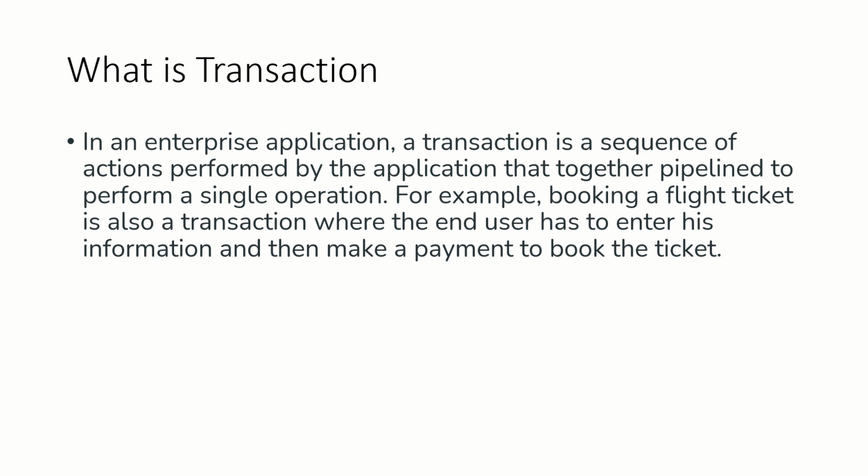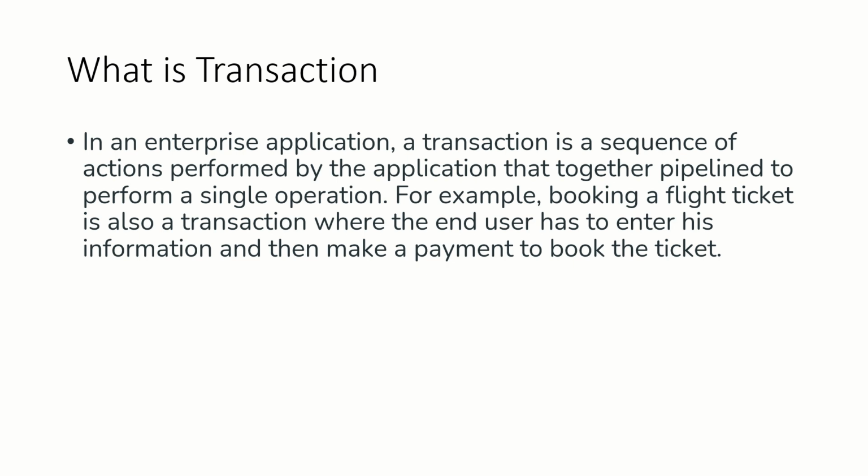Let's say you're going to book a flight using some website like Paytm, Goibibo, something like that, or IRCTC. There you need to provide the user details, like you are the end user booking the flight ticket. Once your details are fed into the site, they will validate those things and then give you a payment gateway.